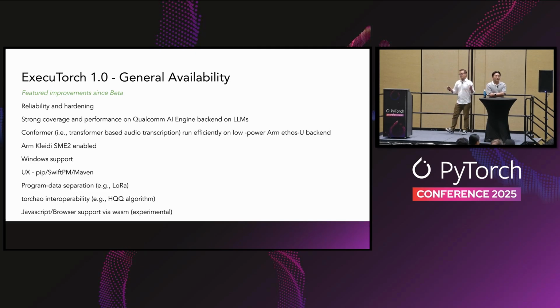We've added program data separation, and for example, you can run LoRA, which was a long requested feature from us. Torch.io interoperability is also quite important for us because we are now able to run multiple quantization algorithms like HQQ. And we also added an experimental feature for doing JavaScript and browser support via WASM.